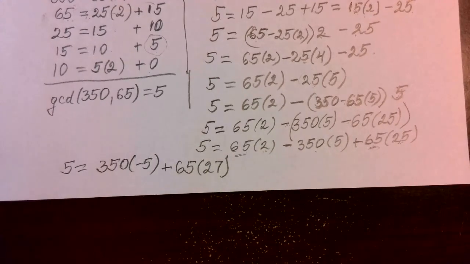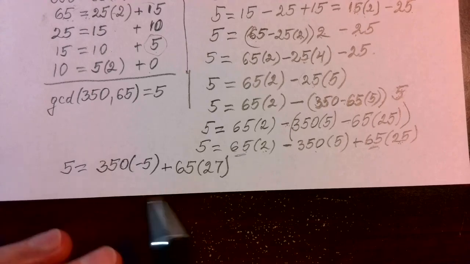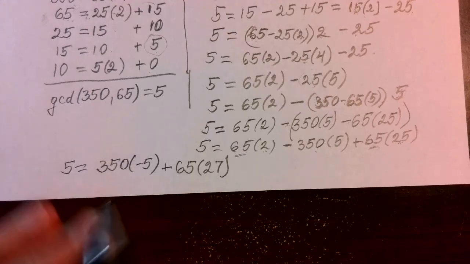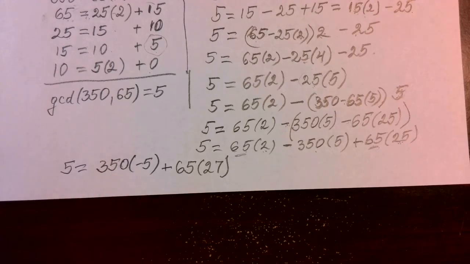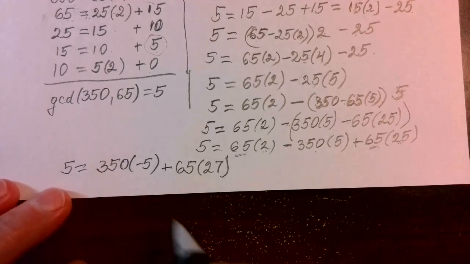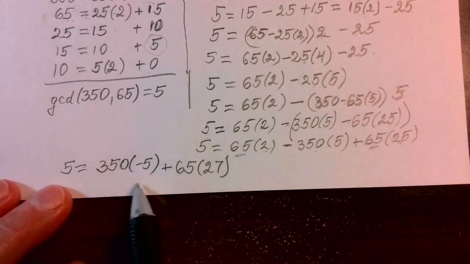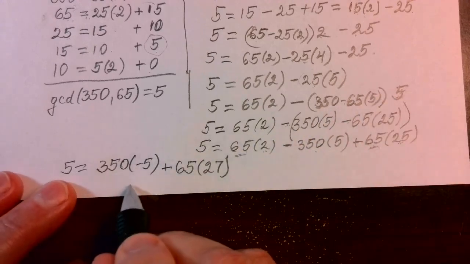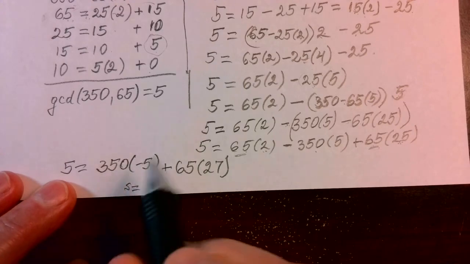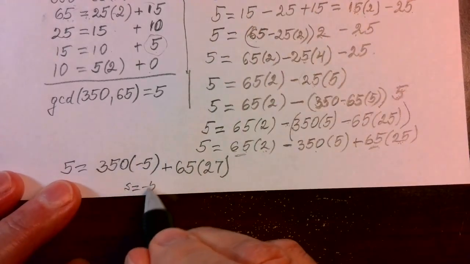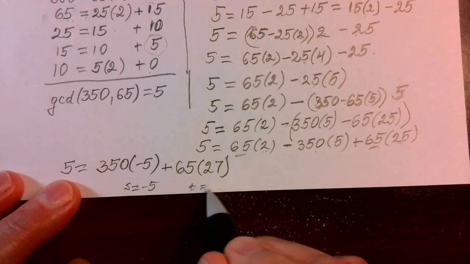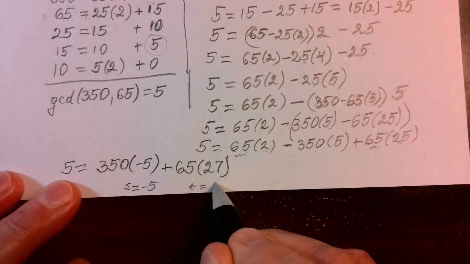Let's check. Put this in the calculator. The result will be exactly 5. So it is correct. We found the linear combination, and here s is negative 5, t is 27.